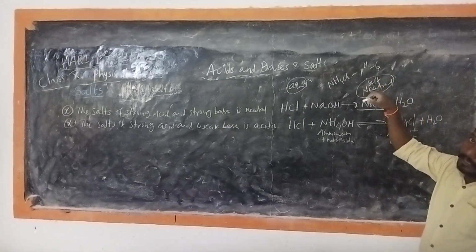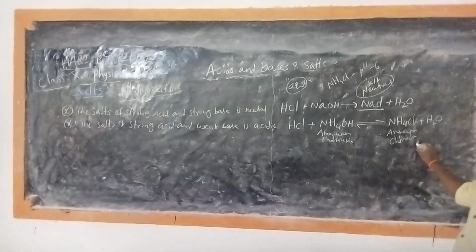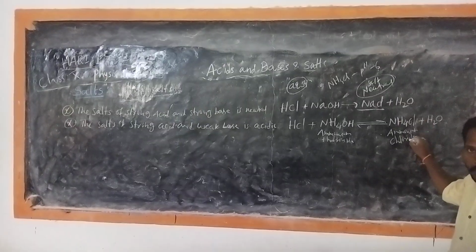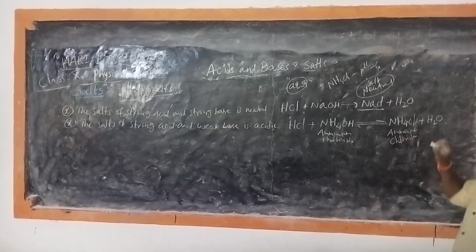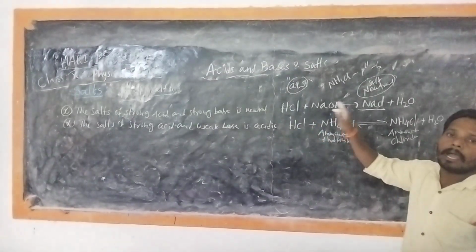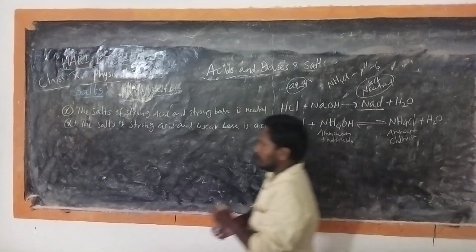Below 7 is an acid. Ammonium chloride is a salt, but it has an acidic nature because it is obtained from a strong acid and a weak base.